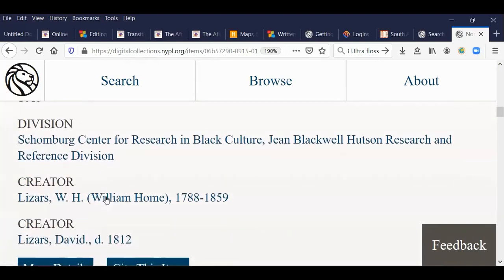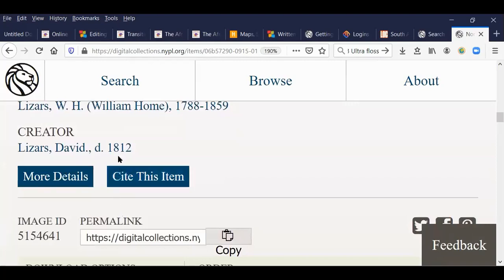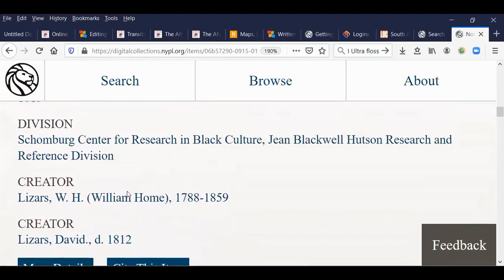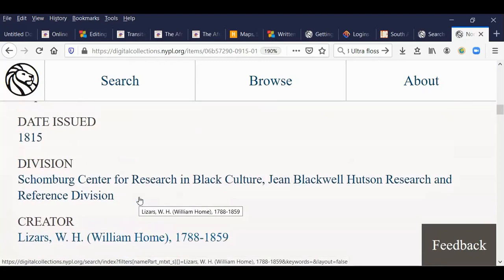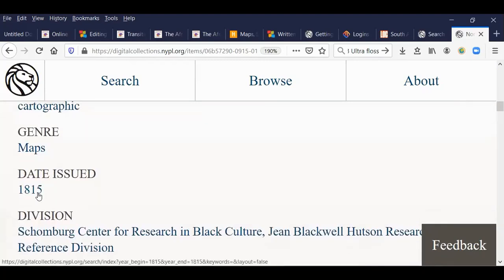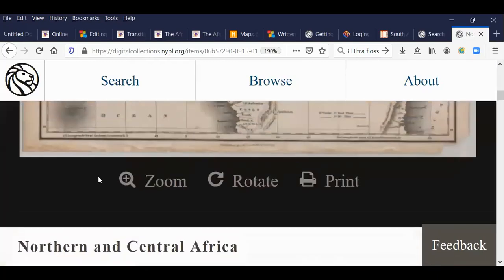It'd be a very interesting study, actually, to trace, and students can do this by looking at these maps, trace when this began to be asserted. Well, the map maker himself died in 1812, but the map wasn't published until 1815.